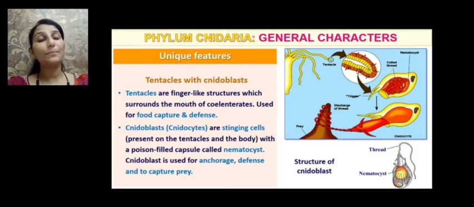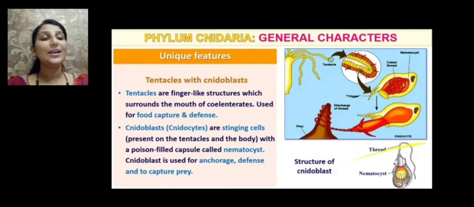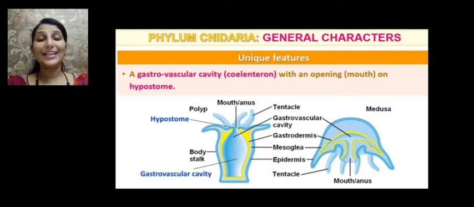This poison-filled capsule is called the nematocyst. And this cnidoblast is used for anchorage, defense, and also to capture the prey. So we can see this is the structure of a cnidoblast, which has a capsule filled with a poisonous fluid, called the nematocyst. And in addition, there is a gastrovascular cavity and this is called the coelenteron.